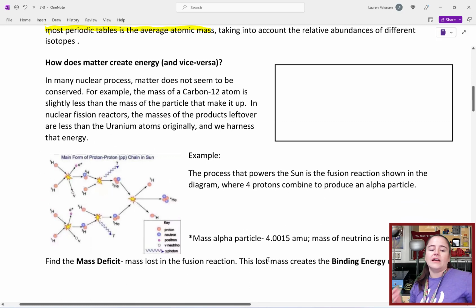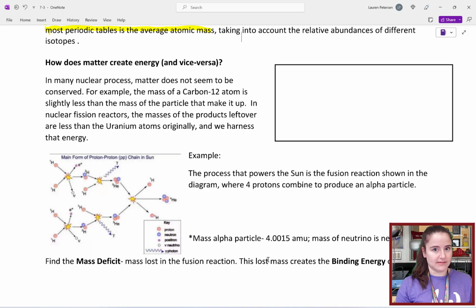Now, what was happening was we were looking at nuclear processes, and we had our two laws, the conservation of mass and the conservation of energy. Once we had technology that could measure our masses really precisely, we saw that the masses of our products in these nuclear reactions were slightly less than expected.